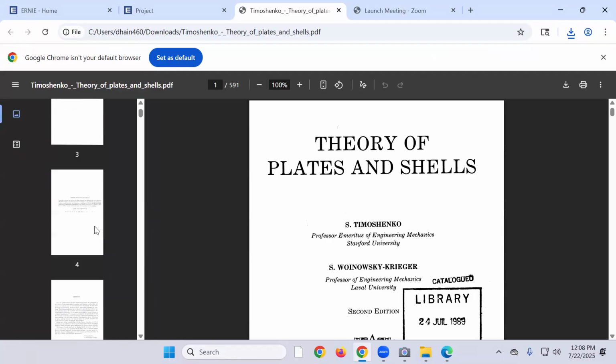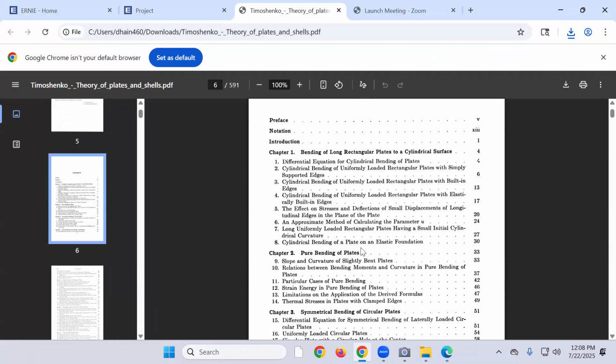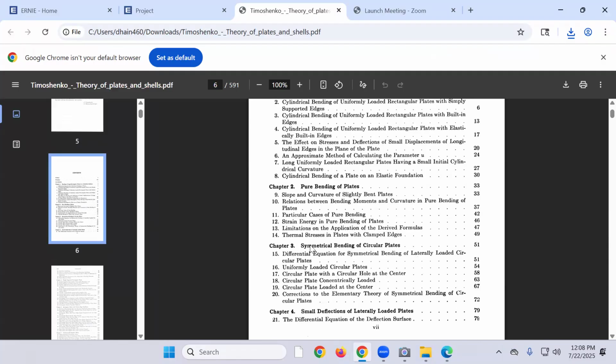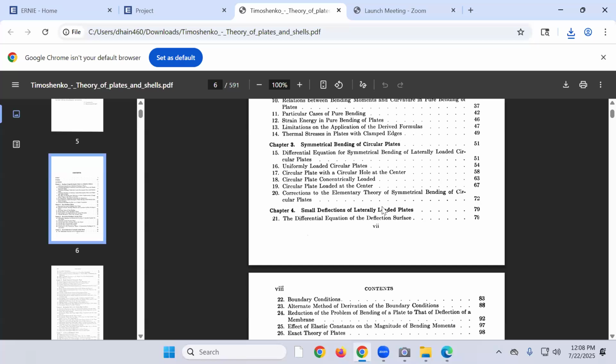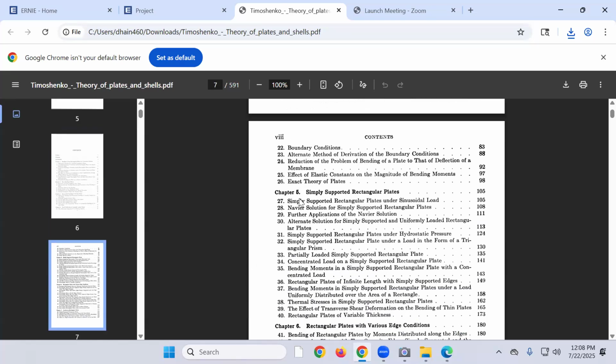This is a guy, he's the father of solid mechanics, at least in the United States. And you can come here and look at maybe simply supported plates. So pure bending of plates, symmetrical bending of circular plates, small deflection, simply supported rectangular plates, simply supported rectangular plates under sinusoidal loading. Simply supported plates under hydrostatic pressure, so 124.